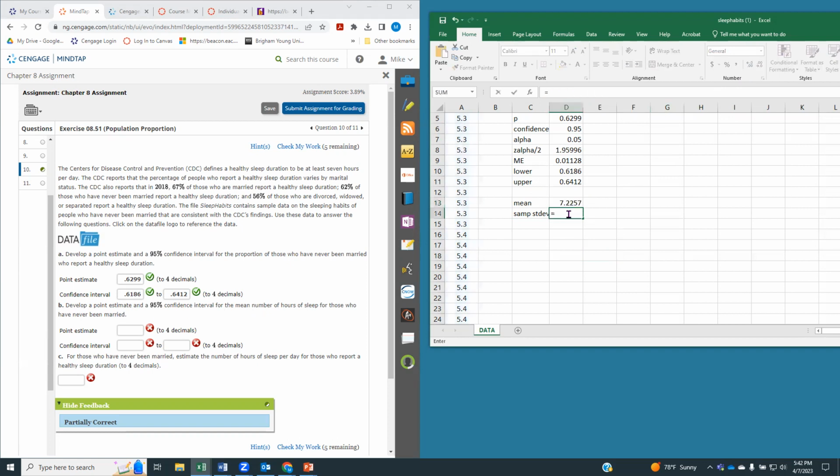So I can just do equals STDEV.S, and then I can paste in that A2 to A7045, which is what we just did for the mean as well. So there's our sample standard deviation. All right, so our point estimate is just going to be this average, 7.2257.